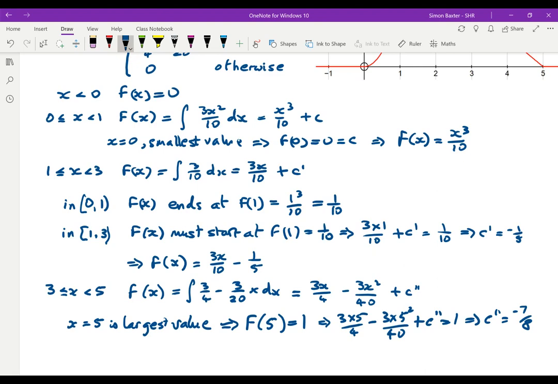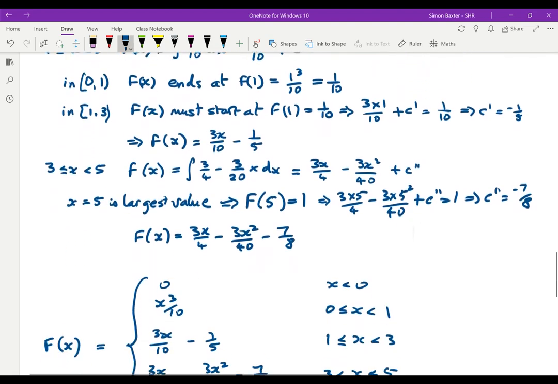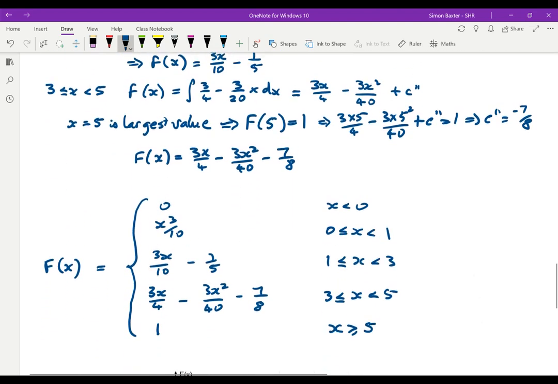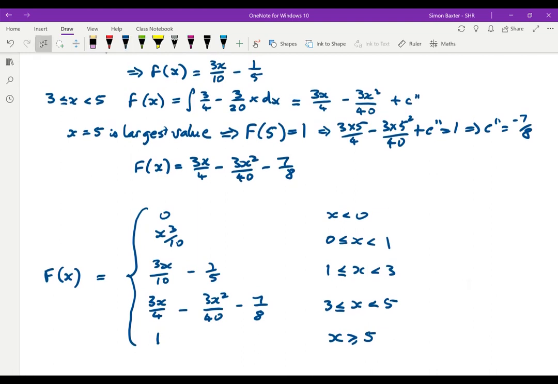And so in this region, F of x is equal to 3x over 4 minus 3x squared over 40 minus 7 over 8. We can summarize all that, and I've already done it for you, that F of x, capital F of x, the cumulative frequency must be 0 when we are smaller than the smallest value of x.